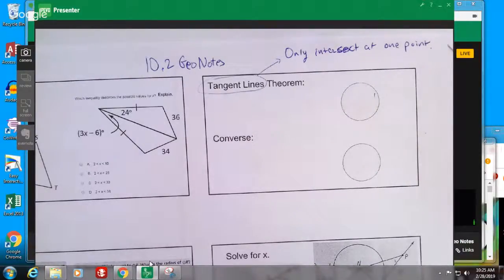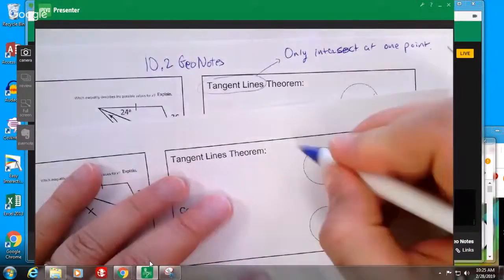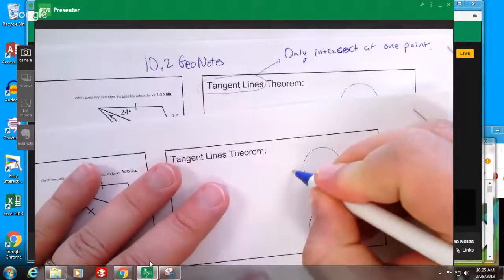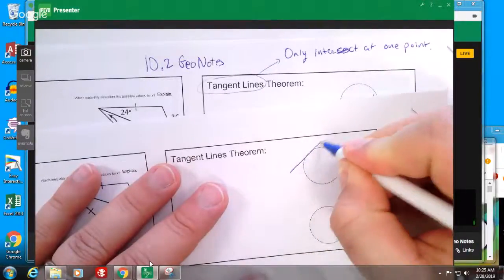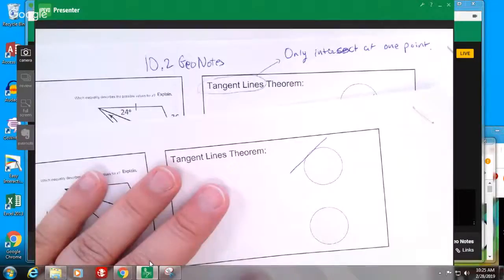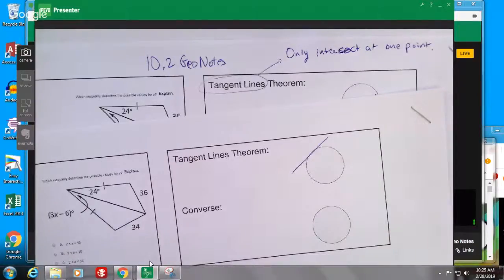I'm going to draw it bad, and then I'm going to draw it good. So don't do this one here. If I just, it's supposed to come in and just, oh my gosh, I hit two points. That's bad. You see how I hit two points? Can it just go straight there and stop? It doesn't stop. It goes through. It hits one point.